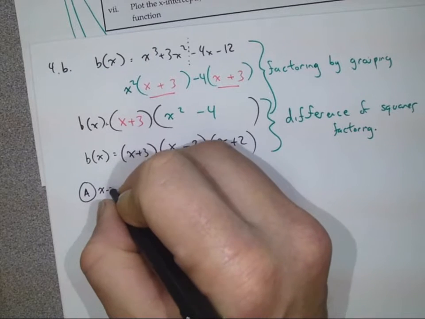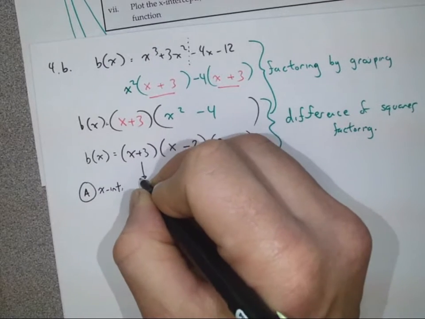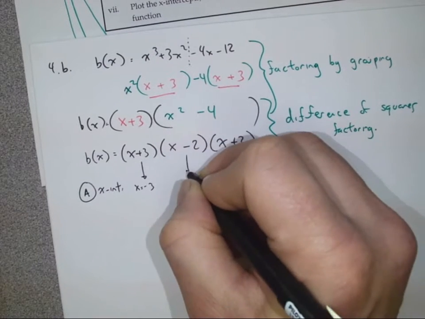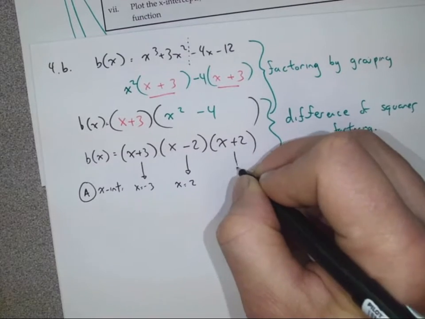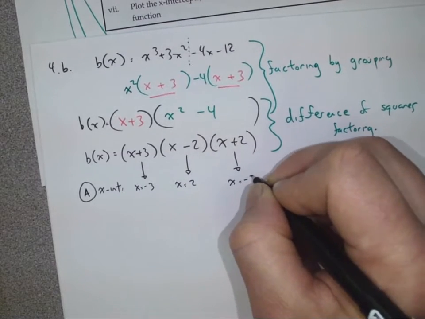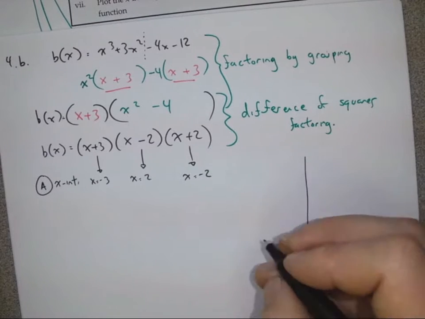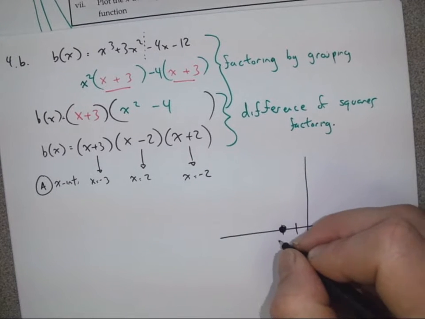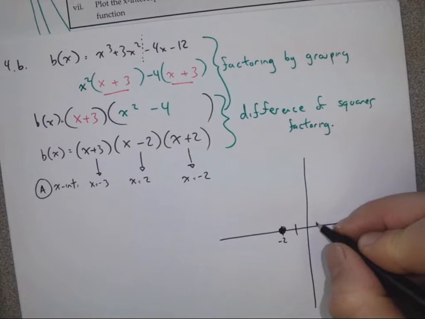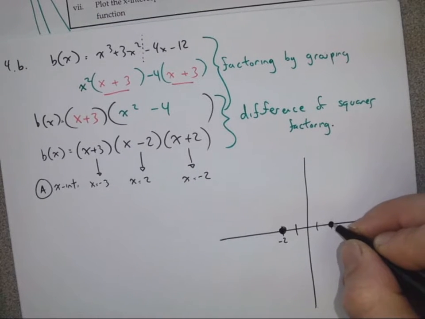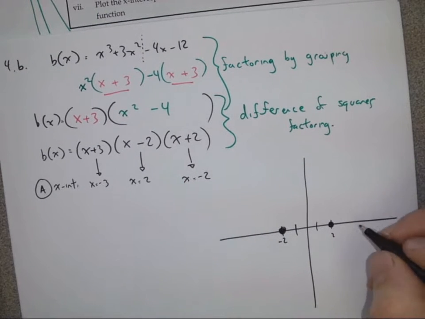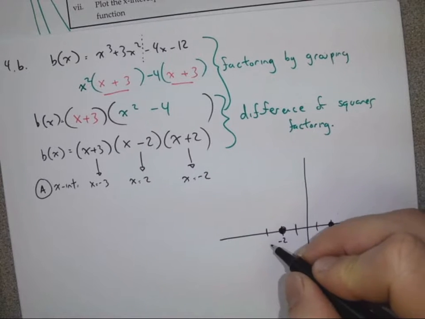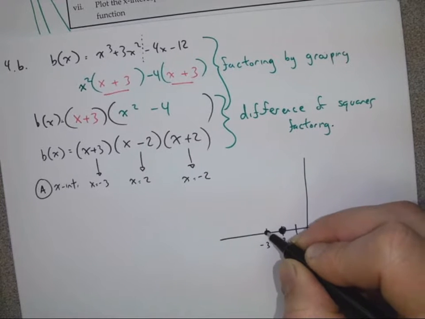So our x-intercepts are at x is -3, x is 2, and x is -2. I'm going to go ahead and sketch those. So I've got an x is -2 there, and I've got an x is 2 root there, and a -3, so I've got another one out here, so -3.